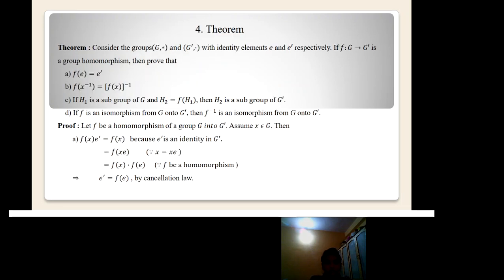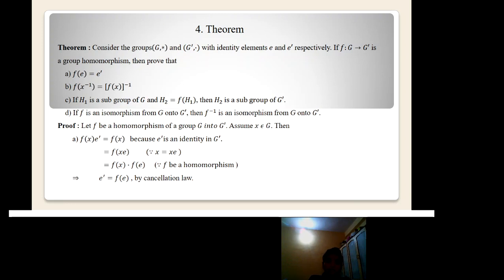Now, fourth is a theorem. Consider groups G star and G dash with identity elements E and E dash respectively. If f from G to G dash is a group homomorphism, then prove that, first, f of E equals E dash.